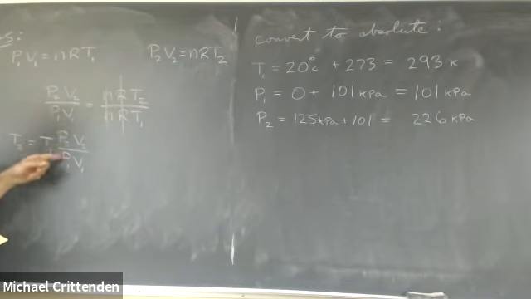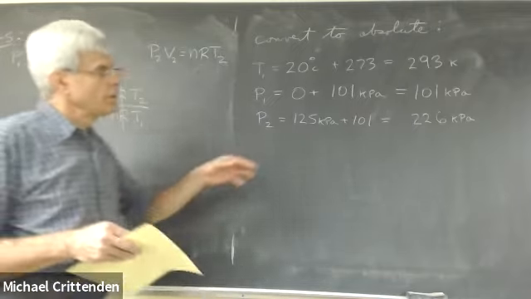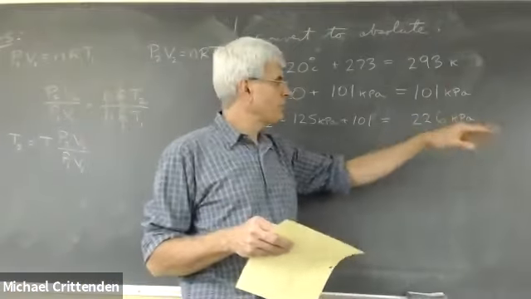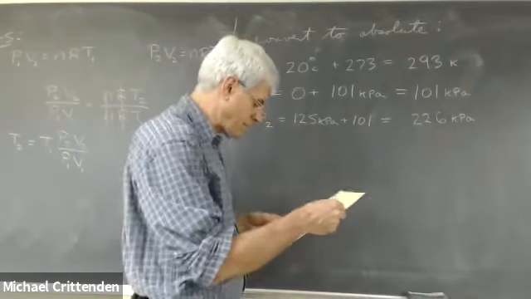If this is 2¼ times bigger than that in one unit, it's still going to be 2¼ times bigger than that in another unit. You could have them both in pounds per square inch. As long as they're both the same, the units are going to cancel out. So I could stick some more zeros on the end of this, but I'm just going to leave it in kilopascals because of that.